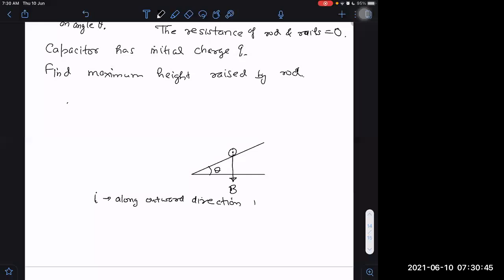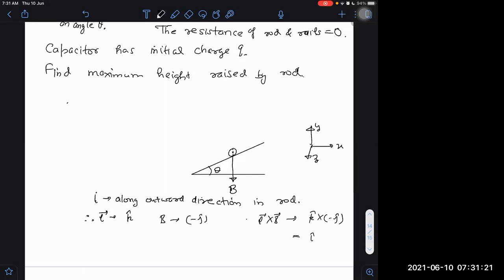In the rod, the L vector is in the k cap direction and the B vector is minus j cap. Our usual directions: I am taking Y this side, X this side and Z outwards. Now I L cross B, L cross B will be in which direction? That direction will be k cross minus j, which is equal to i cap.